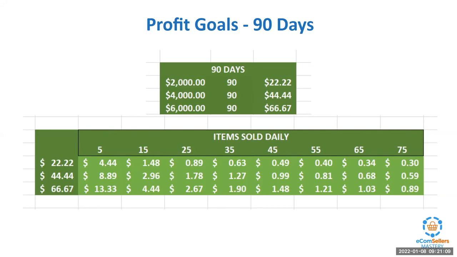If you want to make at least $2,000 in a 90-day window, then your regular recurring revenue stream, every single month or every single week, needs to be $22.22 every day.